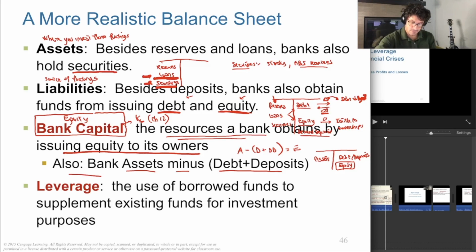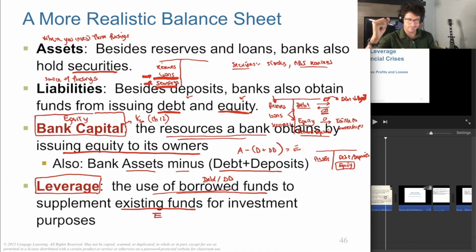So what is leverage? How can we define leverage? Well, leverage is the use of borrowed funds in order to supplement existing funding for investment purposes. The use of borrowed funds is constituted by debt and demand deposits. To supplement existing funds, what are the existing funds? They are the equity, the resources the bank obtains by issuing equity to its owners.